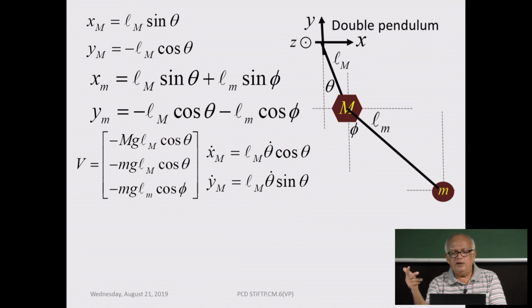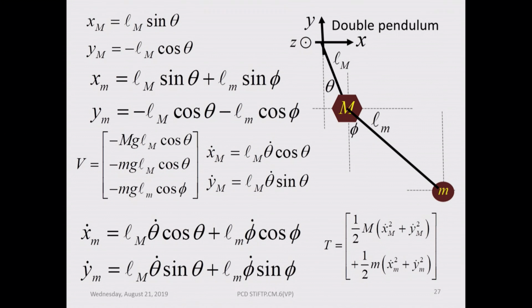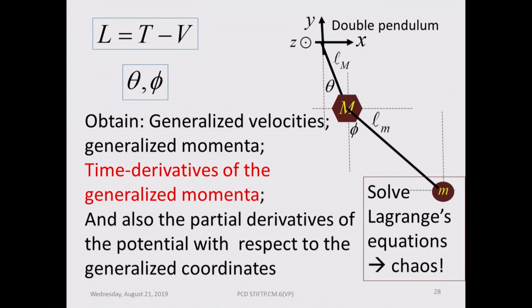Then you set up the kinetic energy term T by getting the velocities and then taking their squares. So you will get T minus V. I will let you work this out, and you will discover that depending on the initial conditions, the motion can be absolutely bizarre, and this is another example of chaos that we will be discussing in the next unit.